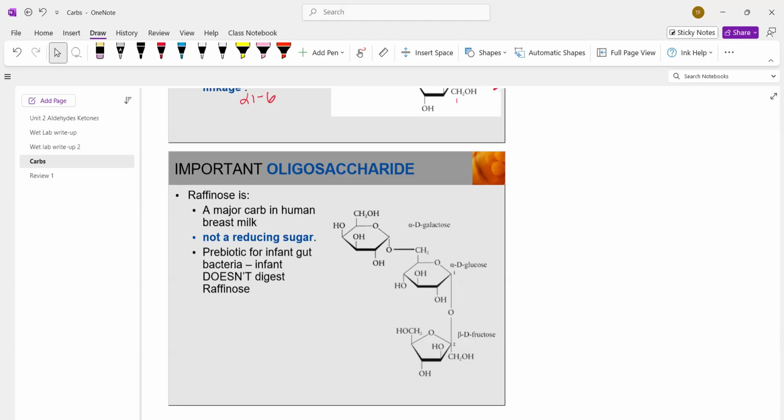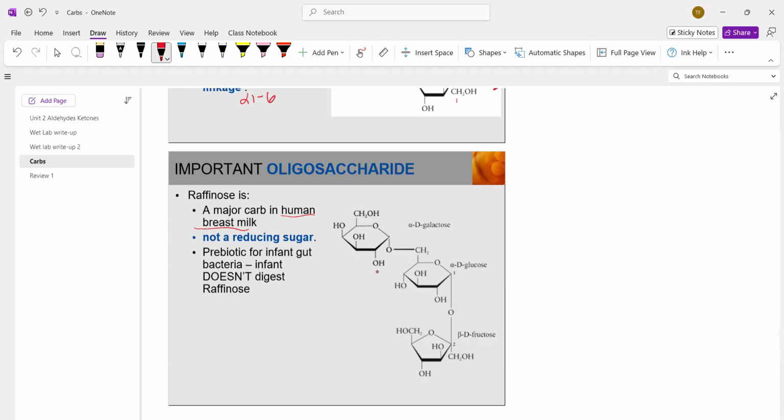Usually the mother has some fecal discharge along with the birth, and that's where the baby can absorb some of those bacteria from the mother's gut. However, it needs to be resupplied. So in mother's breast milk, raffinose is part of that.